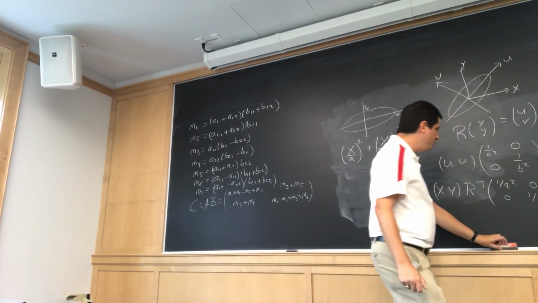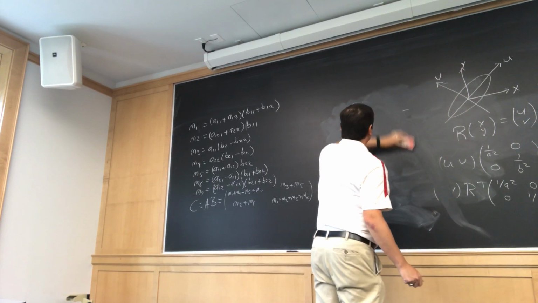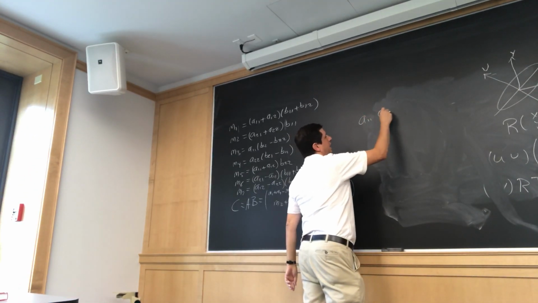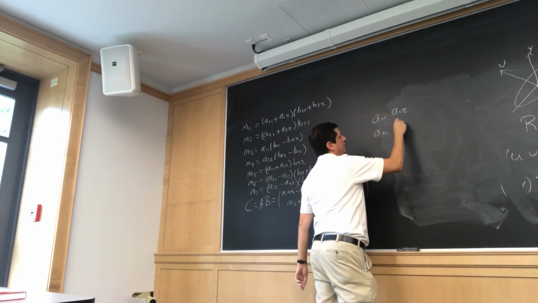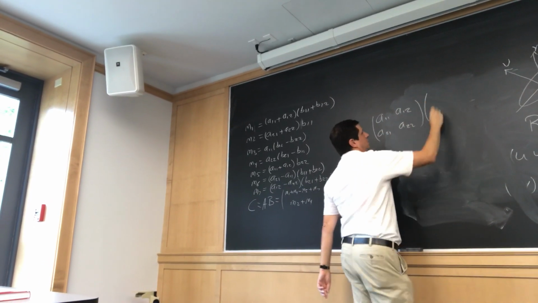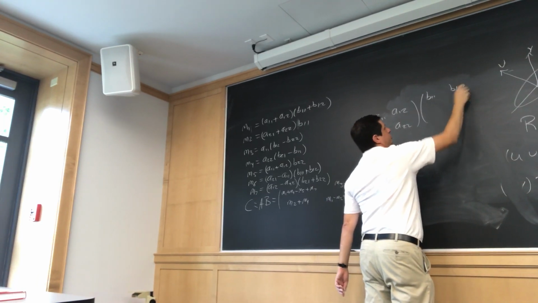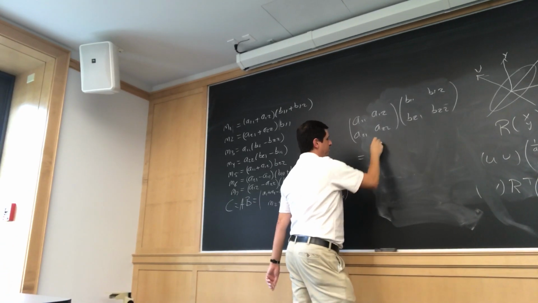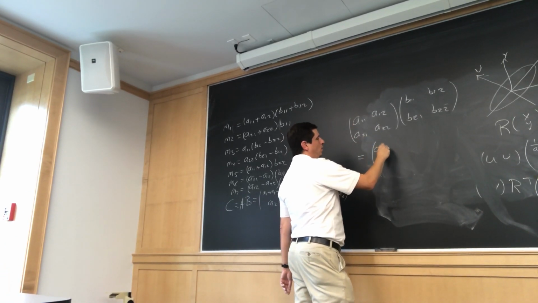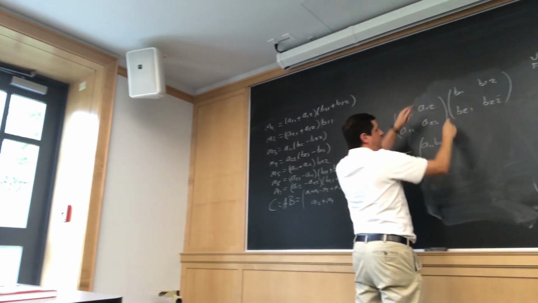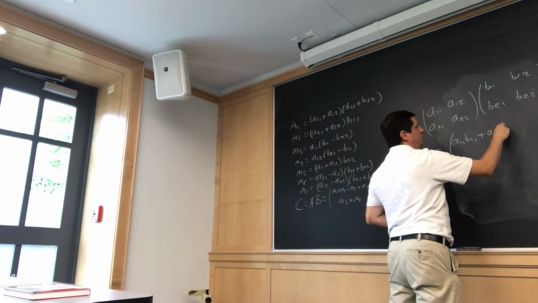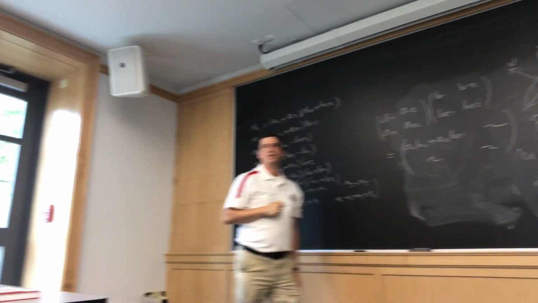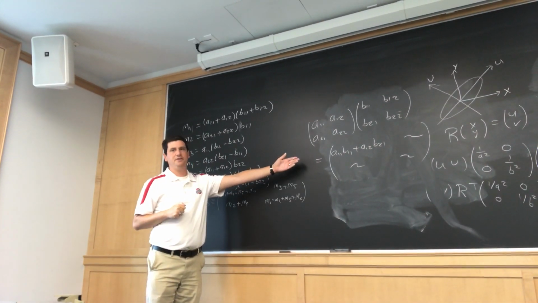If I give you 2 by 2 matrices, A11, A12, A21, A22, B11, B12, B21, B22. If I multiply them, well, the first element is going to be A11 B11 plus A12 B21, blah, blah, blah. Those aren't that bad.